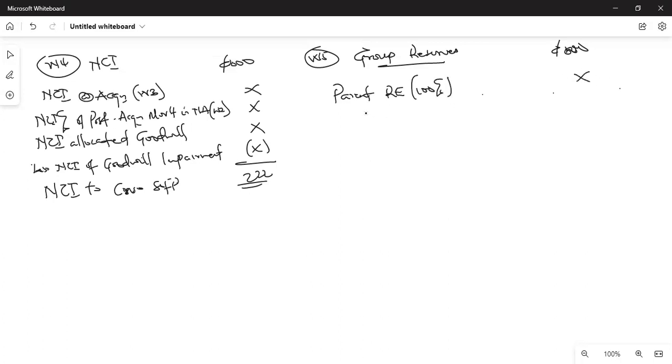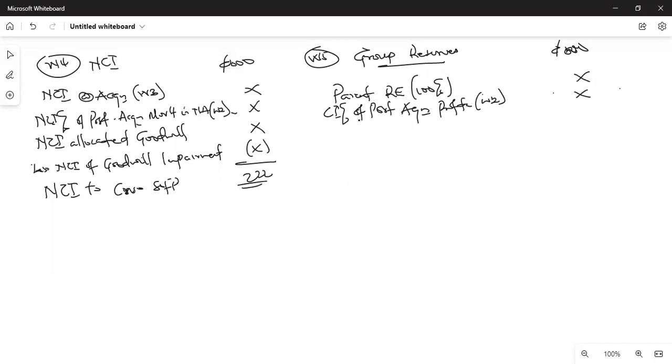And for any subsidiary that they have, just like you did NCI, you have to do the controlling interest share of post-acquisition movement, or you can call it post-acquisition profit. Remember that one too is what you share here, the balance is also shared.